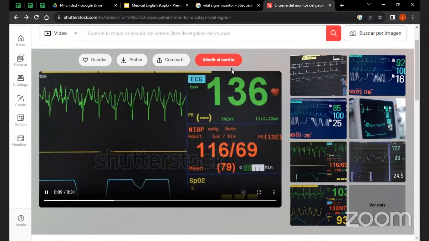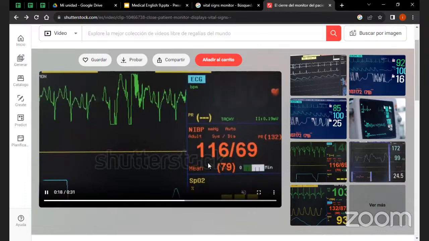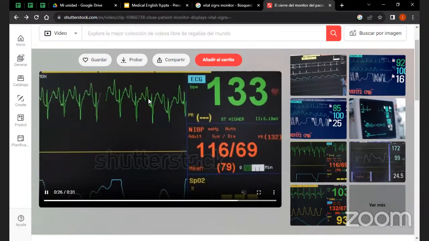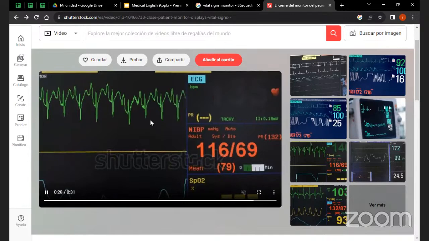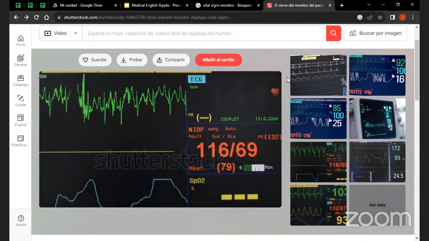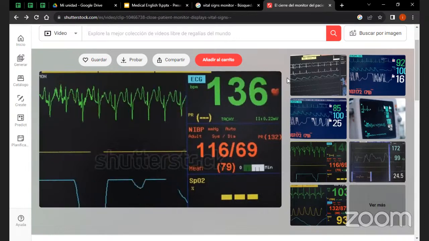In these readings, the heart rate is so high. Okay, the blood pressure is under normal limits, it's okay. But we have all of these situations. The patient has a very complicated situation at this moment following these readings and has to be admitted to the hospital for treatment and control all the time.